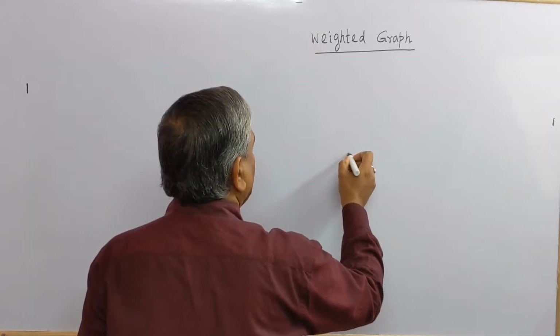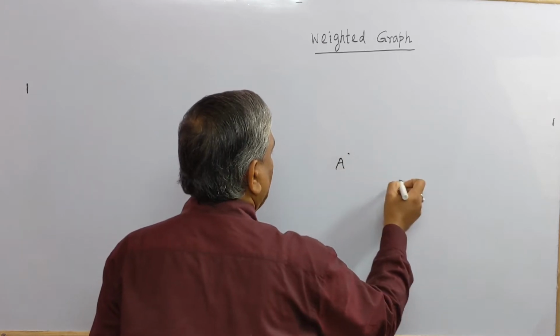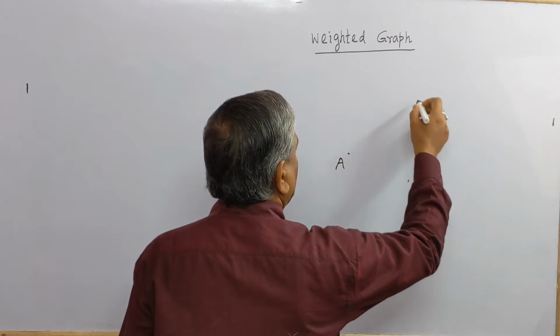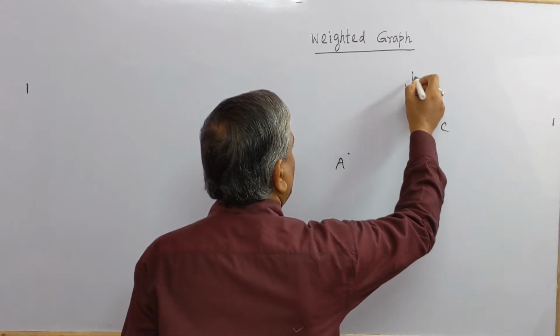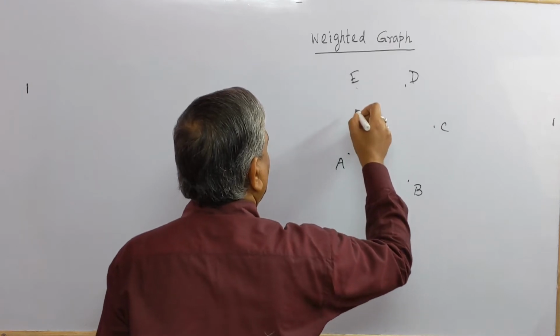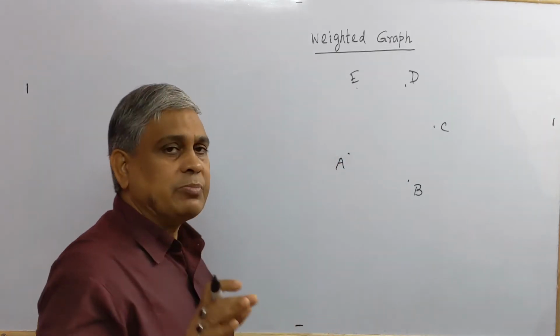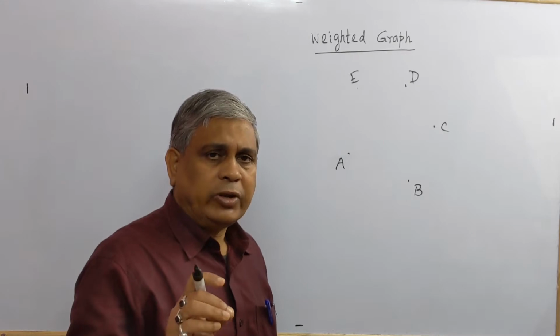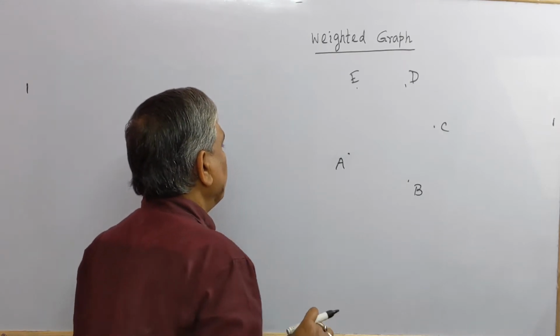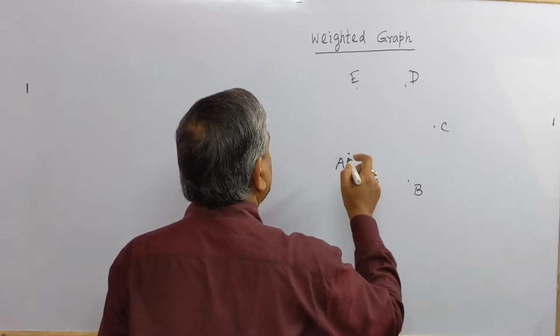Let A, B, C, D and E be some cities. We have connecting roads between some cities.